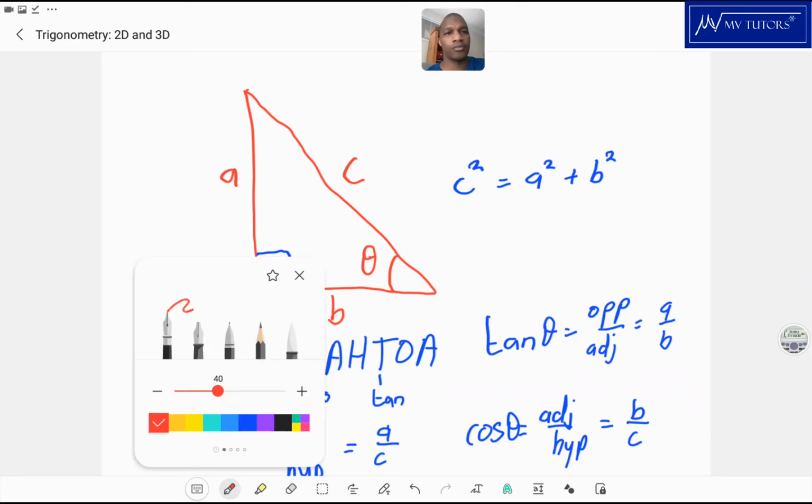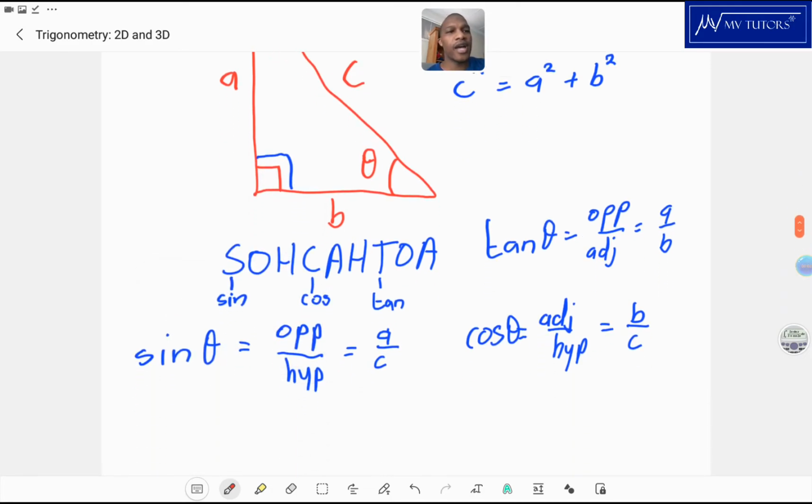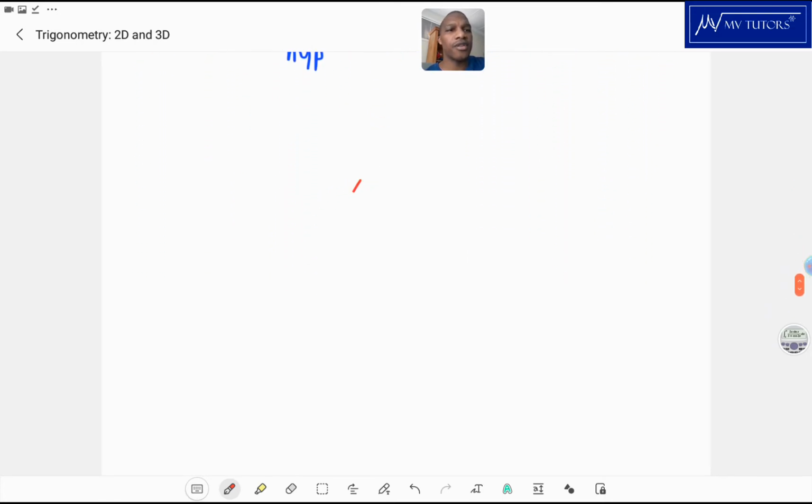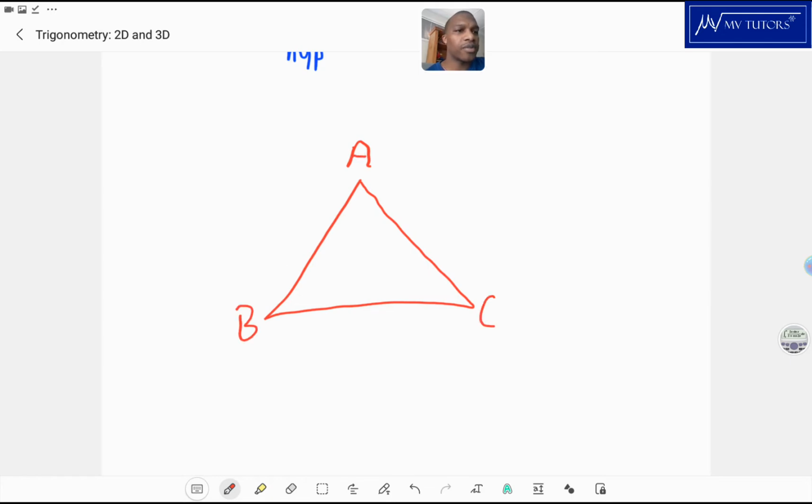All right. Now let's say you have a triangle that is not a right angle. Say you have an arbitrary triangle just like that. That's going to be angle A, that's going to be B, that's going to be C. They are in capital letters. Now, opposite angle A, we have side A, small letters.